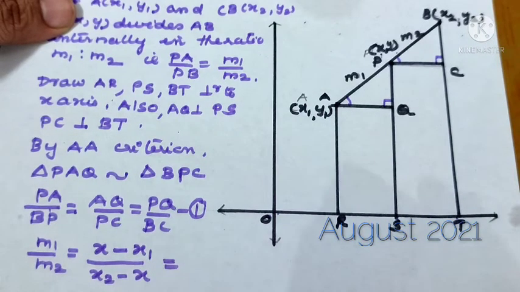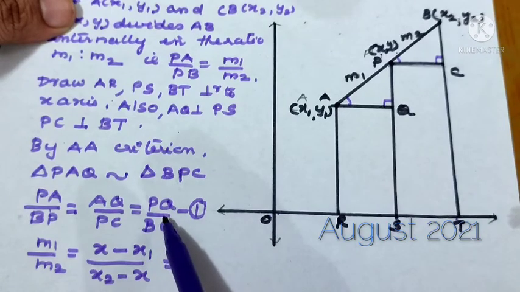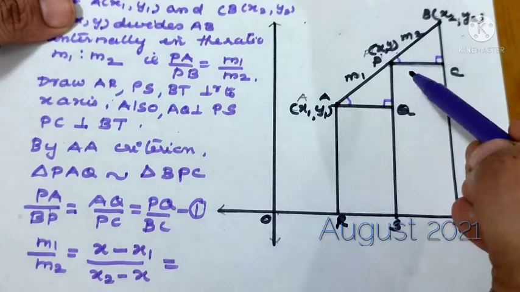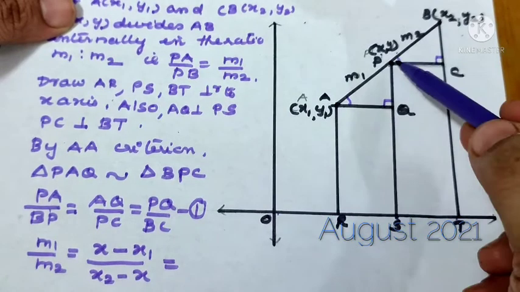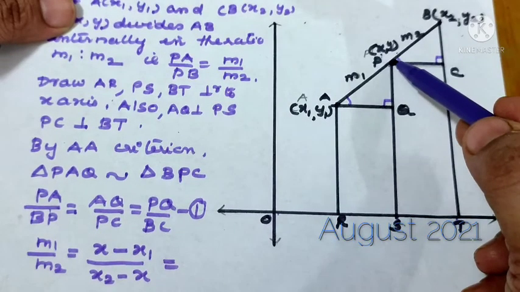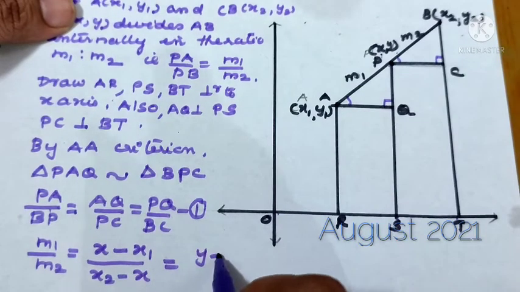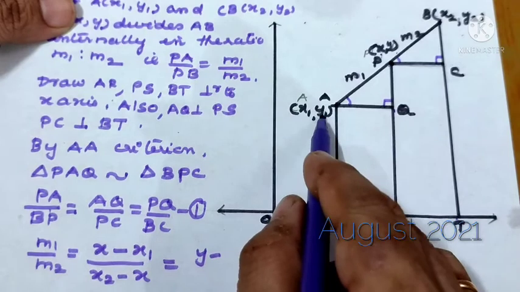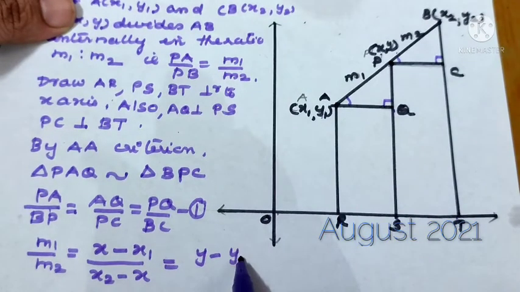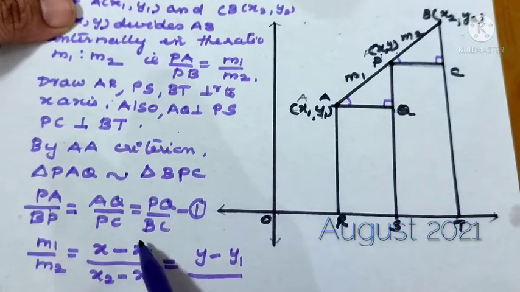Once again, if you have not followed the x coordinate, you can go for the y coordinate. PQ is the distance required, up to this. What is the total height of SP? SP is y minus SQ, that is y1, since this coordinate is y1. Now what is BC?